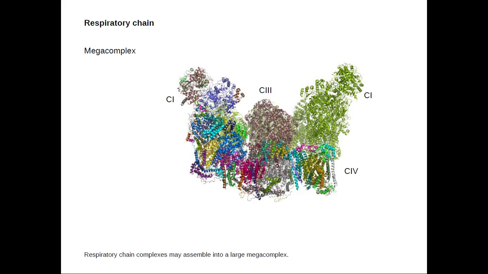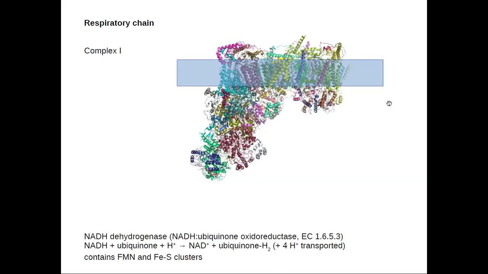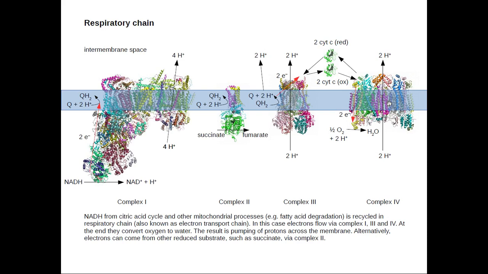Not so long ago, it was found that this respiration chain can form a kind of mega complex, so that these players of the respiration chain are not fully separated, like the picture which I showed on the first slide.